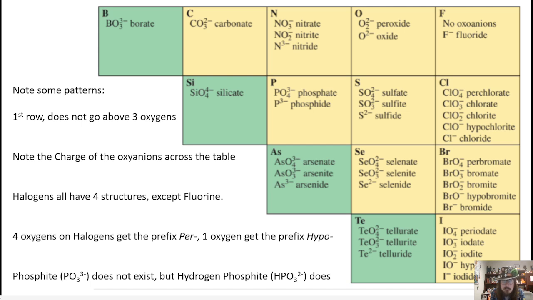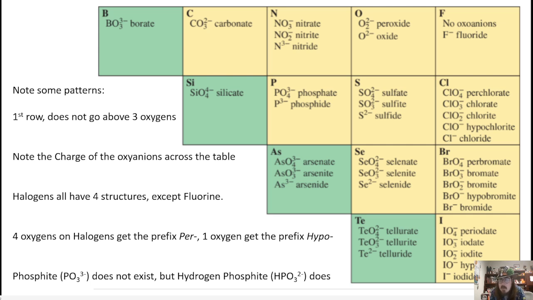Notice 4 oxygens as opposed to 3 oxygens in the row above it. We have phosphate, PO4, 3 minus. We have sulfate, SO4, 2 minus, and we also have sulfite with SO3, 2 minus.